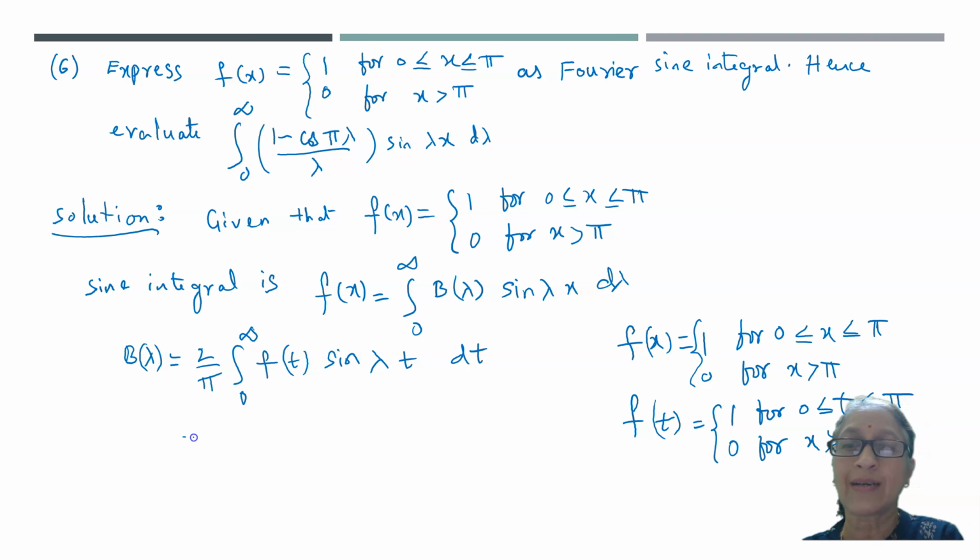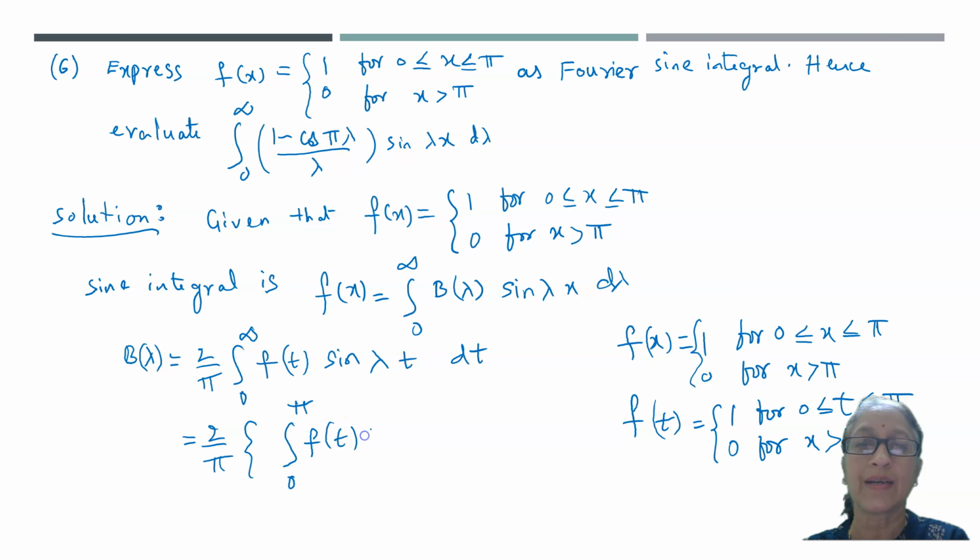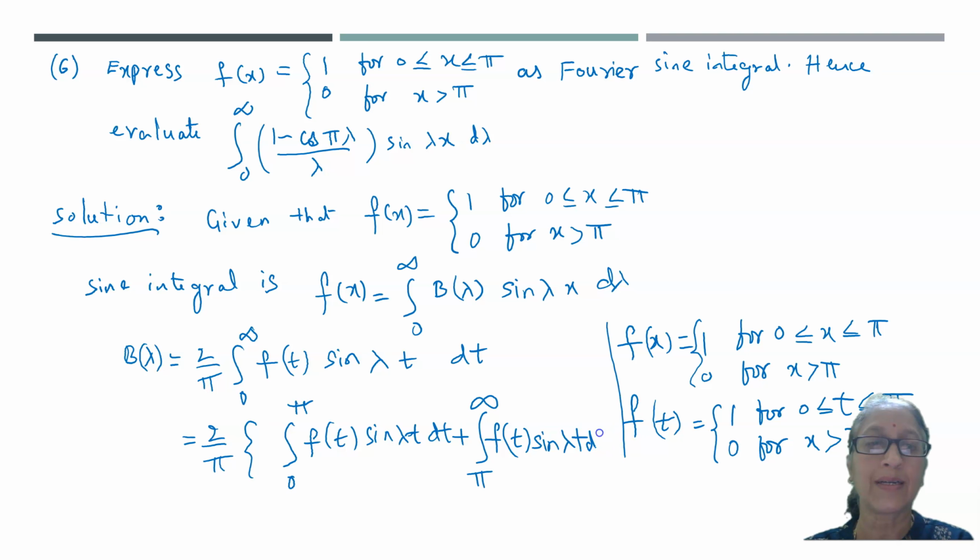So here we can split this integral as integral 0 to π of f(t) sin(λt) dt plus integral π to infinity of f(t) sin(λt) dt. In the interval 0 to π, the value of f(t) is 1.